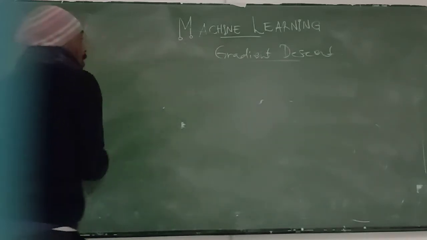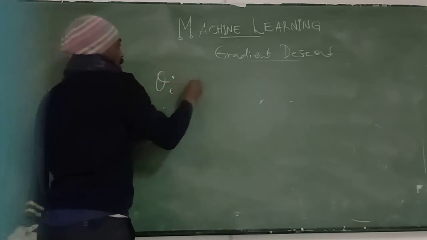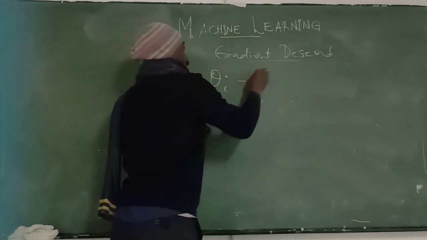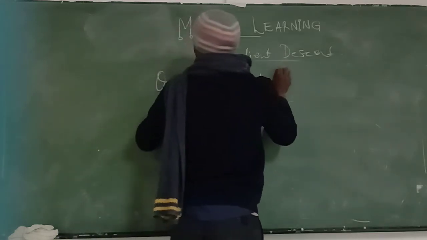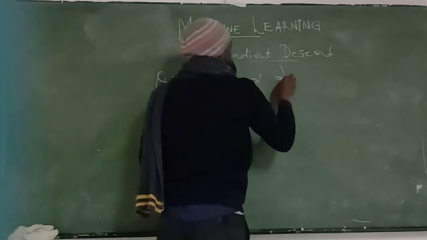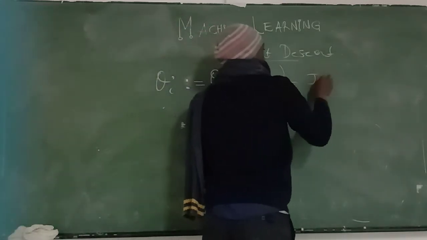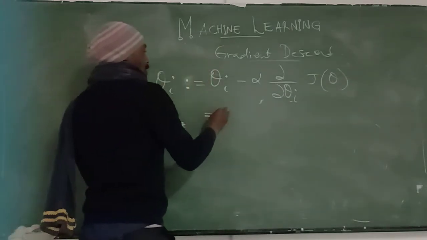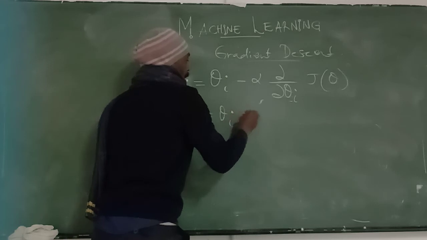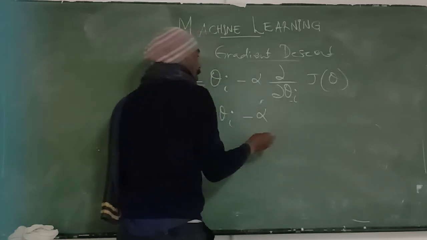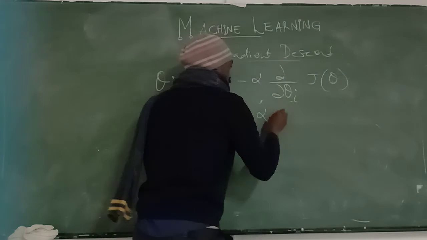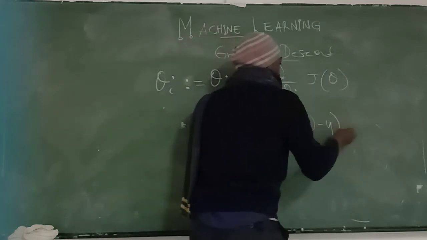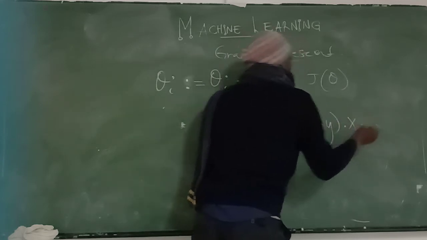So now we know that our algorithm is theta i minus alpha times the expression we've already got, the difference multiplied by xi.